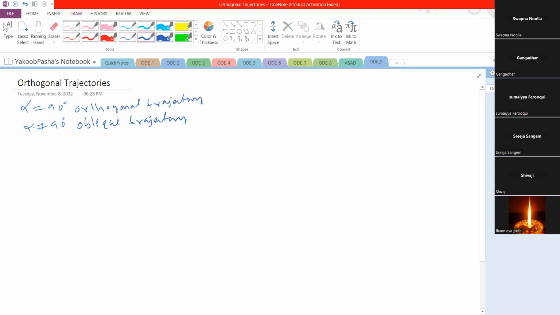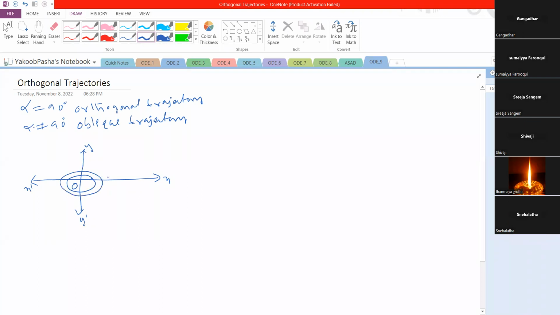Now, for example, consider a system of concentric circles. I am taking the XY plane, X axis, Y axis, this is X dash and Y dash, and this is the origin, the center. At the origin, we take one circle, another circle and another circle.